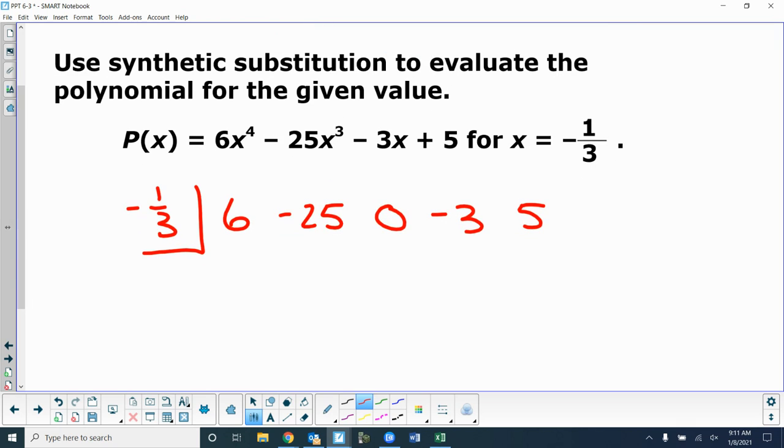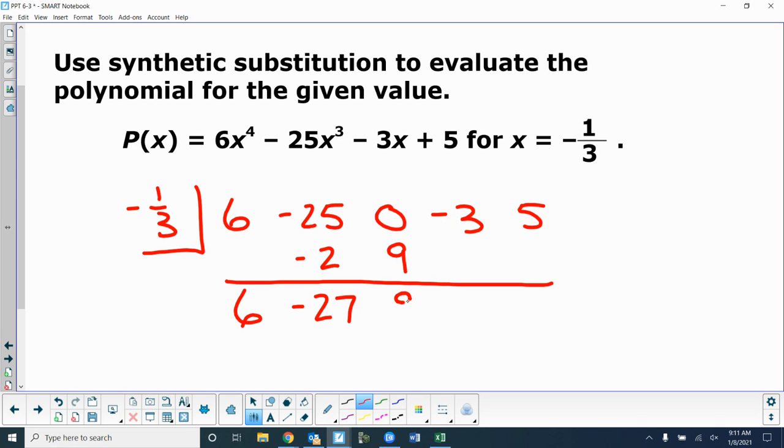Then you add a 0 on the end. -1/3 times 6 is -2. -1/3 times -27 is a +9. -1/3 times 9 is a -3. -1/3 times -6 is a +2. Got it? Yep. Simple.